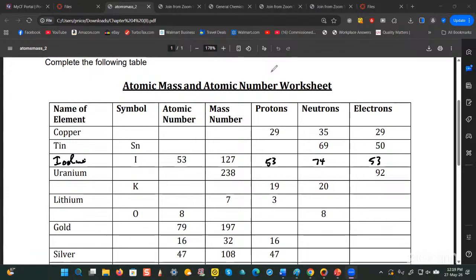Okay, so in that case, you're saying that there's no mass number, no atomic number, or number of neutrons.